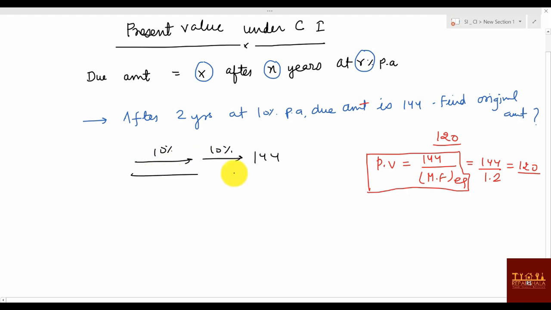Now this value will not be 20%. It will be the compound interest value, that is 21%. So when it is increased by 21%, it is becoming 144. So what is your value? Let me see if I have any better value.